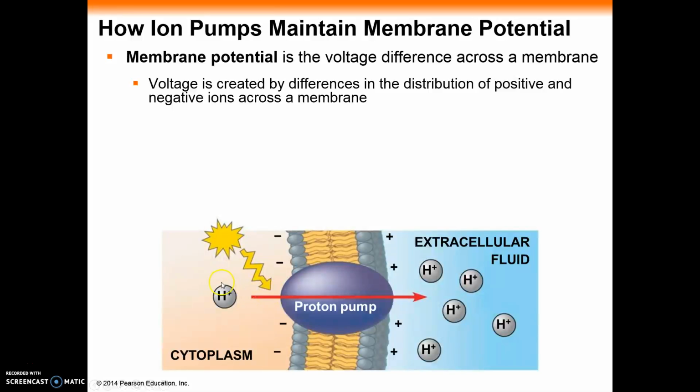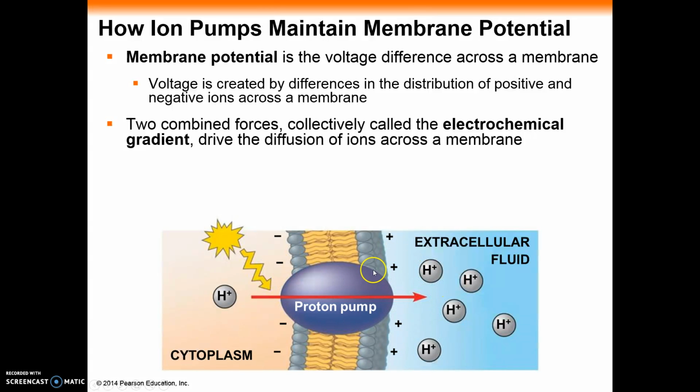When we pump an ion across, we are moving the ion itself through, which makes a higher concentration on one side versus the other, but it's also changing the overall voltage of the inside and outside of the cell. So here, because we are moving all these positive ions out, we're going to have a net negative charge on the inside and a net positive charge on the outside.